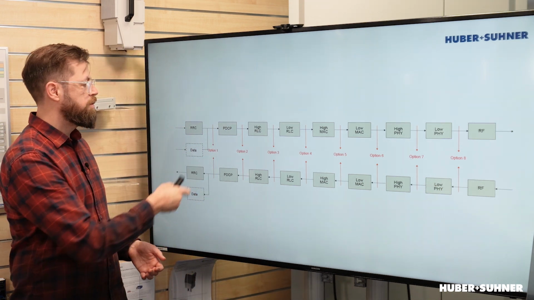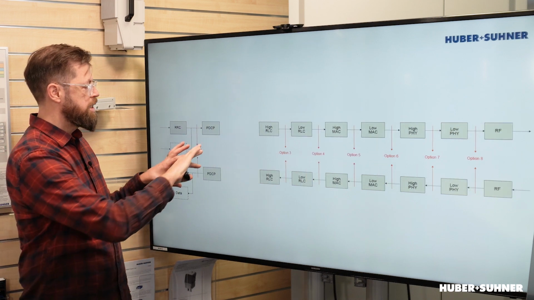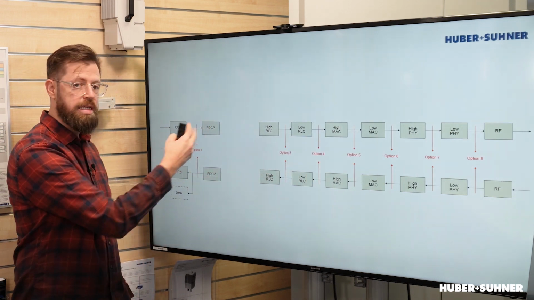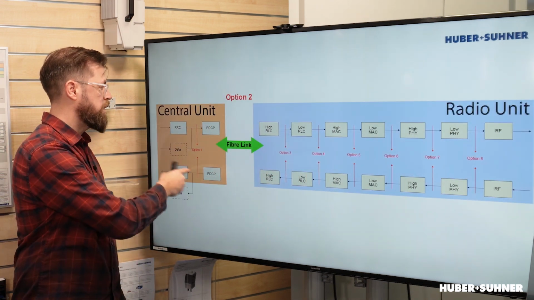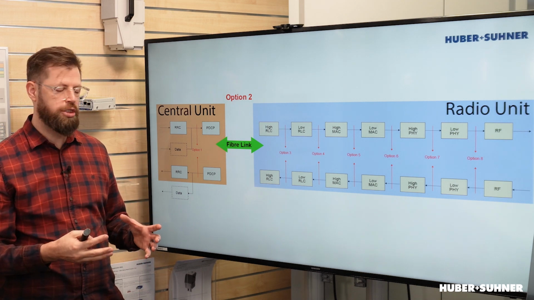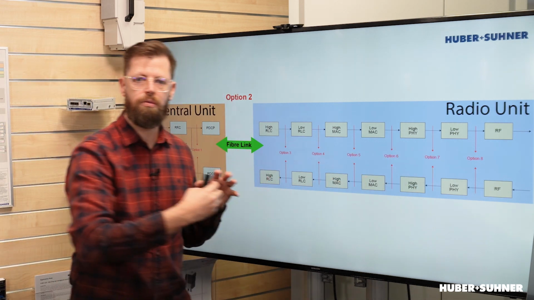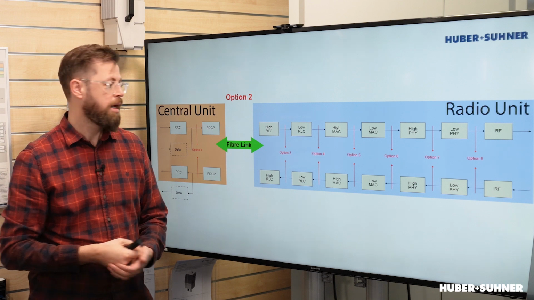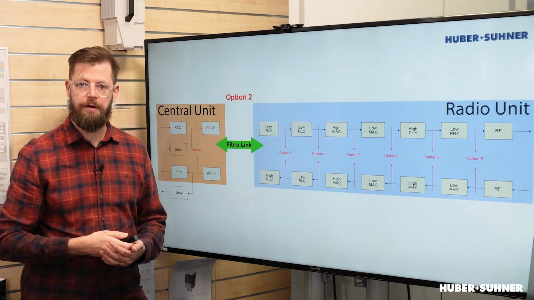To make it a bit clearer, separating it, for example, here at this part means that we've got a central unit with only very few functionalities in it, and a radio unit with a lot of functionalities in it, but in between there we have the fiber link.